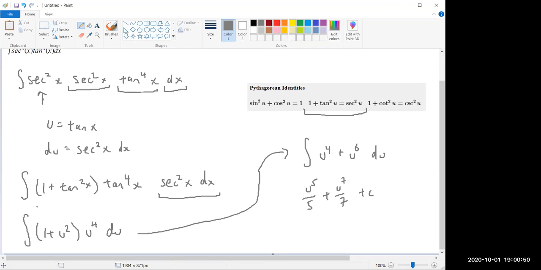And then we have to put back the substitution. So u was tangent. So this is tangent to the 5th of x over 5 plus tangent to the 7th of x over 7 plus c. Okay. All right.